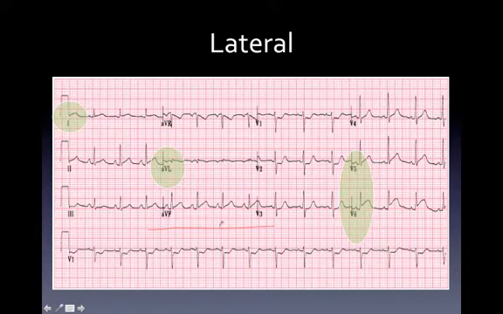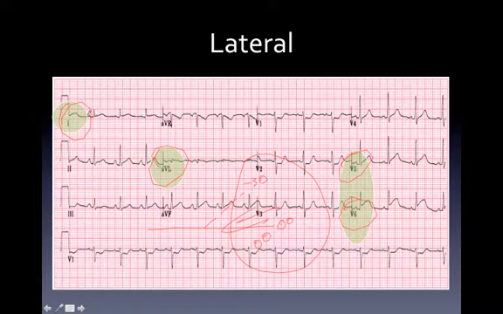Lead 1, augmented voltage left at negative 30 degrees, 0 degree, and then 5 and 6 on the chest cavity all look at the lateral side of the heart. We still have to have two contiguous leads, so any two of these in any combination would say that the lateral wall is affected.